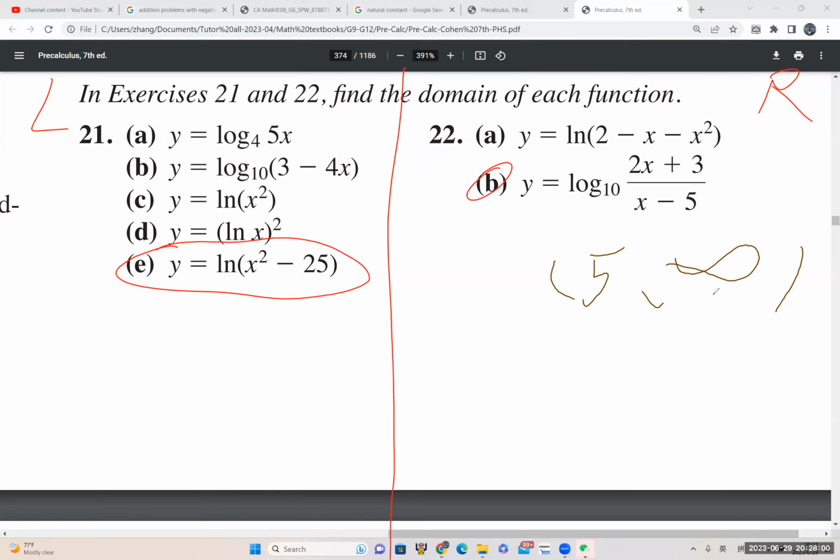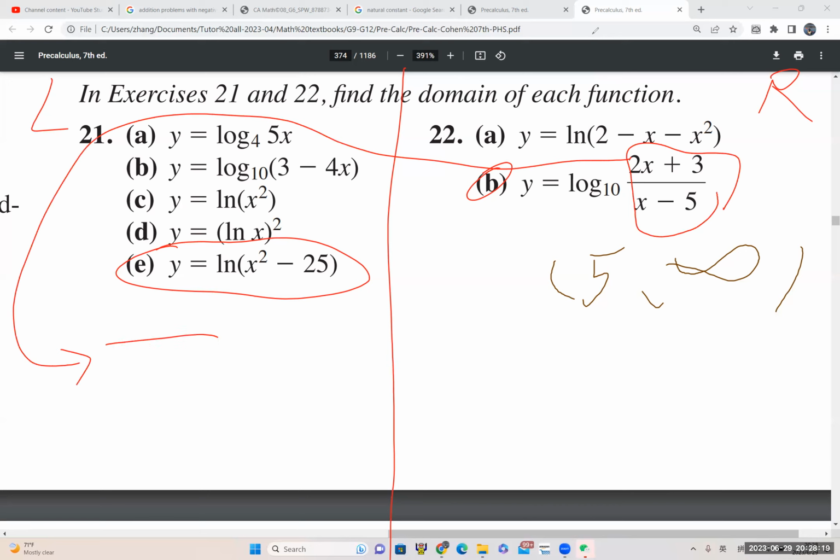Right. So now let's talk about how to solve this. What's the requirement for the domain? It cannot be negative. It means this should be greater than 0, right? Okay, now, Neil, you also think about how to solve this inequality.